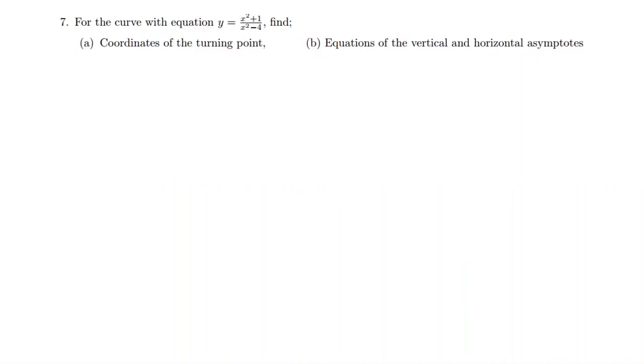So we proceed. To find the equations of the vertical asymptote and the horizontal asymptote, we know that an asymptote is just a line which, for instance, when you have something like this and then you have your curve moving in that way, the asymptotes to this curve are this one and this one.